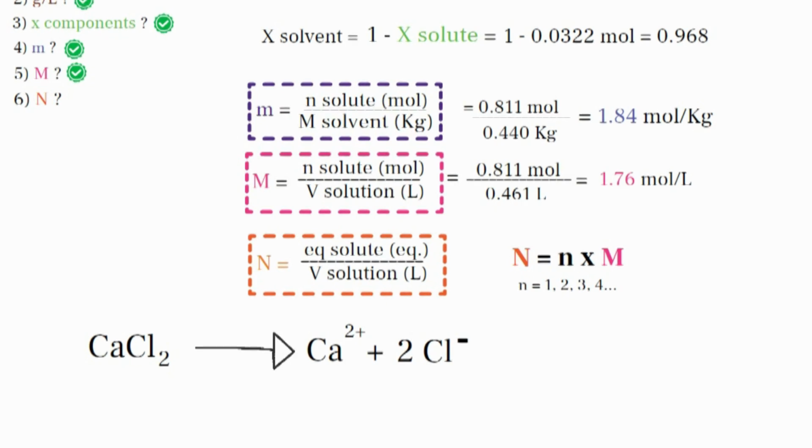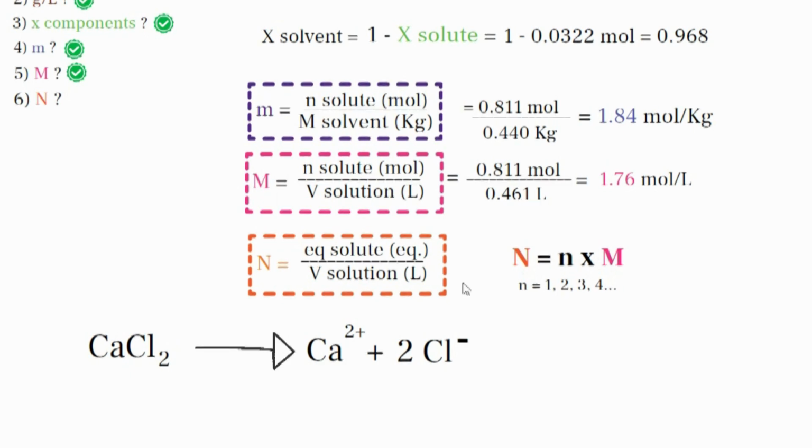So as you can see, this calcium chloride is releasing in solution a charge which is 2, okay? 2 plus and 2 minus. And actually this is our n, because n can be the charge or can even be the number of electrons if you have a redox reaction. So just think about what your solute is doing in solution and you will find your n, and if you find n you can find the normality.